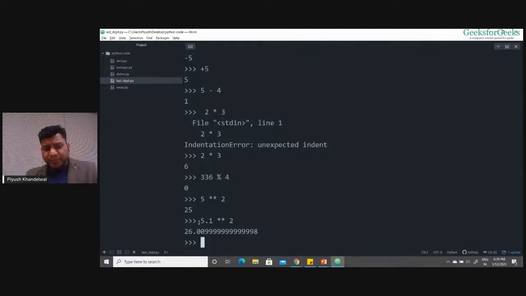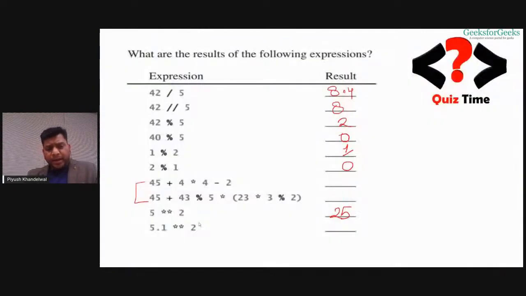It is something like 26.009. So if your answers are matching these answers, then it's correct. You have understood the difference between float division, integer division, modulus, and the exponential operator. And these two expressions we will be discussing in the next slides, right?